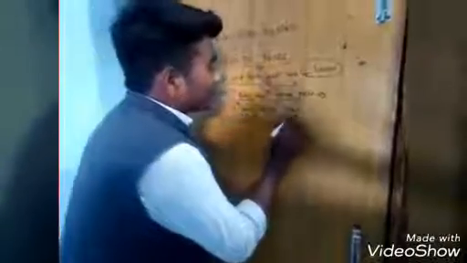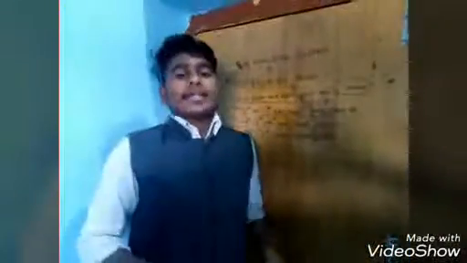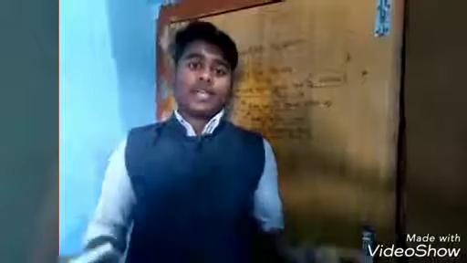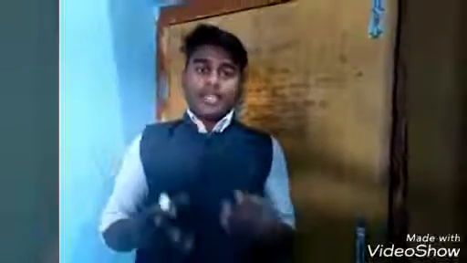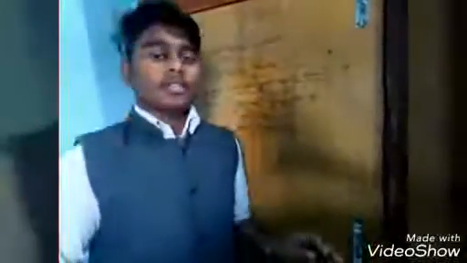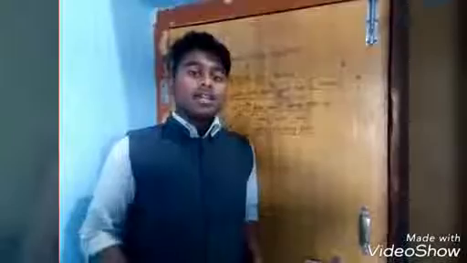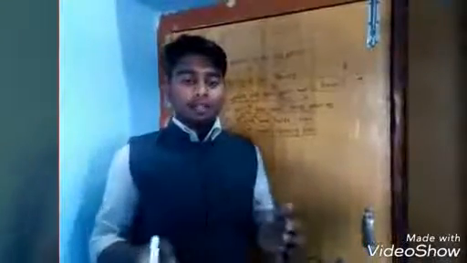Okay, and 8th, 9th and 10th are false ribs. Why? Because these are incompletely attached to the sternum. And 11th and 12th are floating ribs because these are not attached to the sternum. These 11th and 12th are known as floating ribs because they are floating in the rib cage.